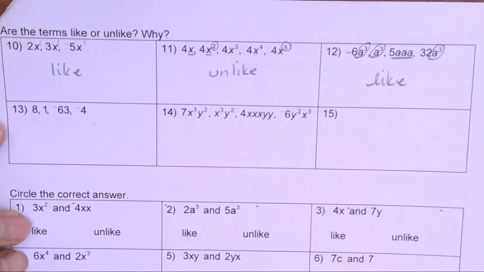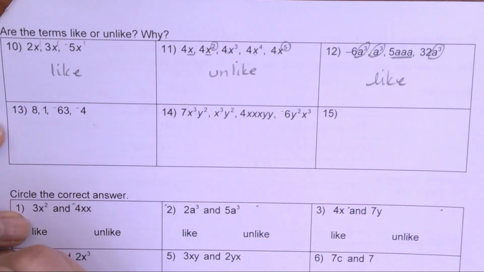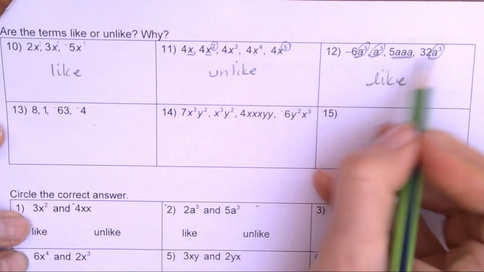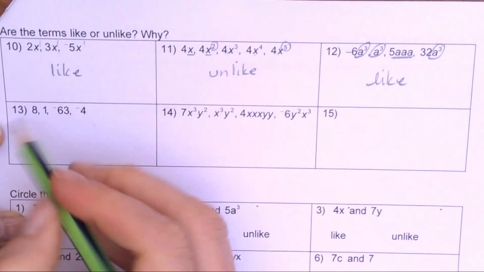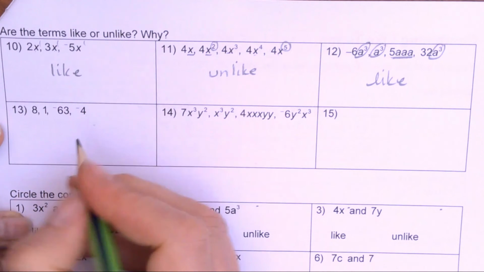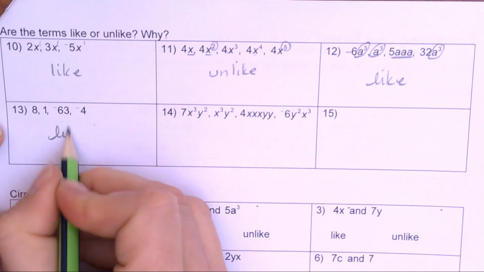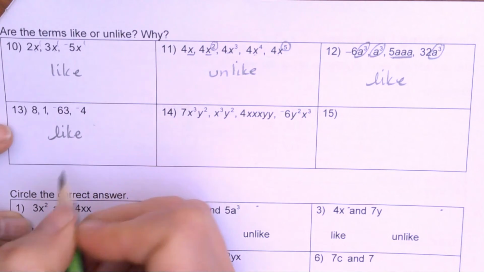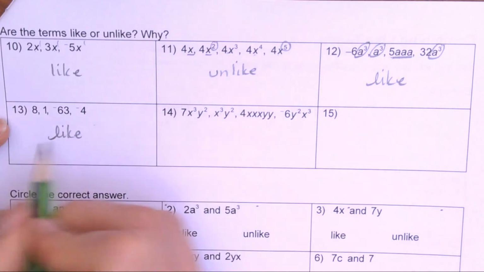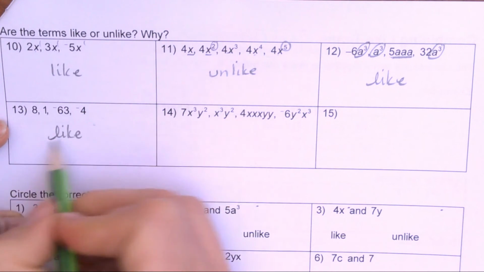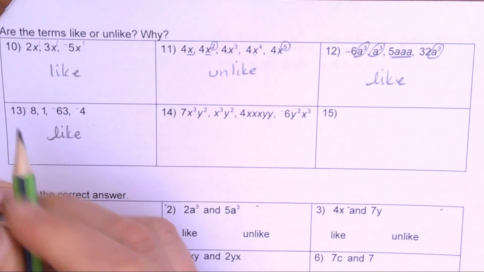When terms are like this, that means we can add and subtract them. Can I add and subtract these? Yes. So they're like. They just don't have any variables, letters, but you still can add them and subtract them, but we consider these like terms.